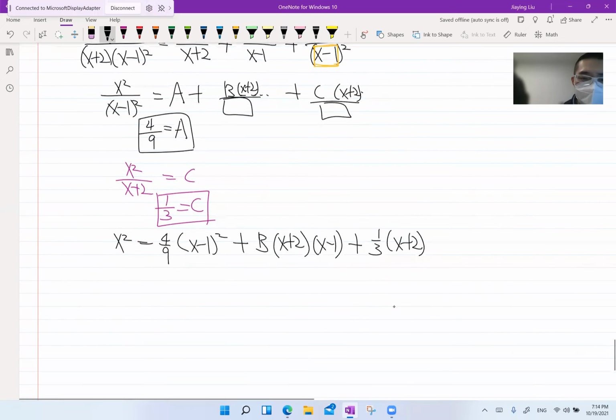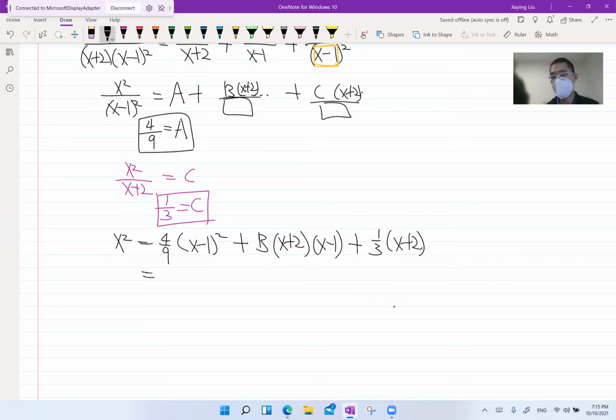But what I do is I always expand this right side and then match with the left side. It takes a little bit longer, but it always works, especially if you have bx plus c in one of the numerators, or if you have multiple constants that you don't know.